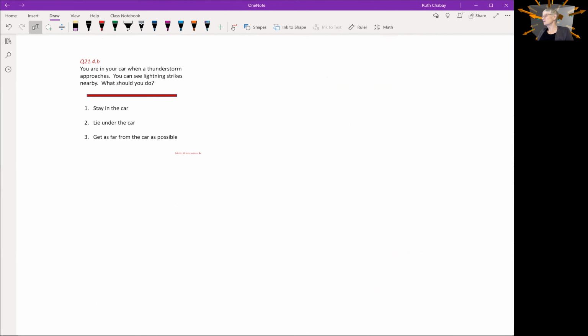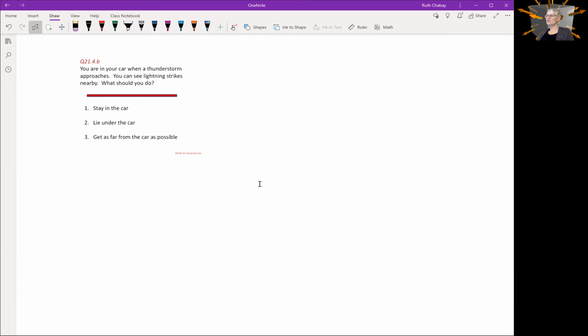You can see that lightning is striking nearby, getting closer and closer. What should you do? What does Gauss's law tell you that you should do in this situation? Assuming your car isn't made of plastic.